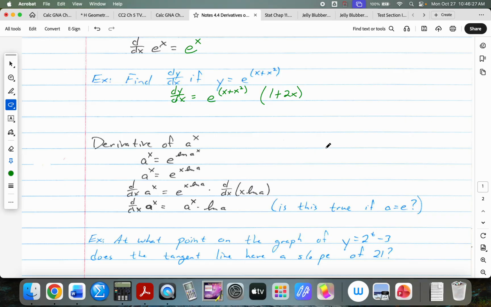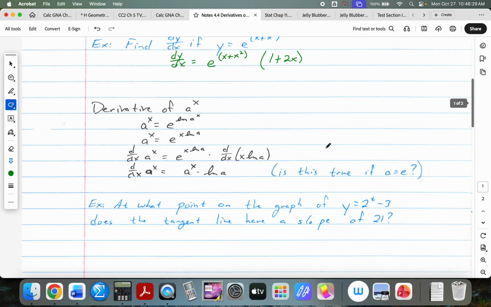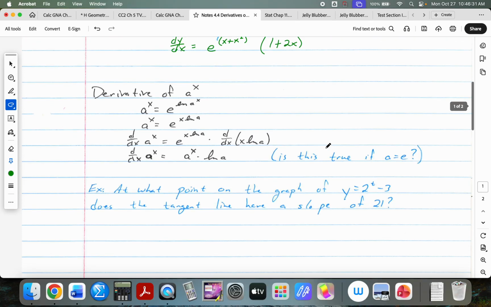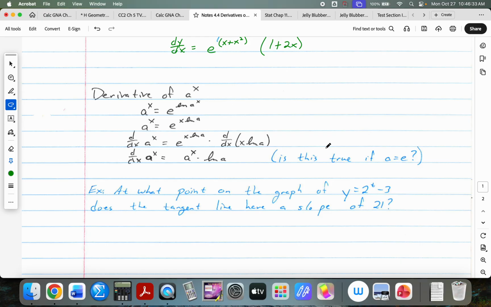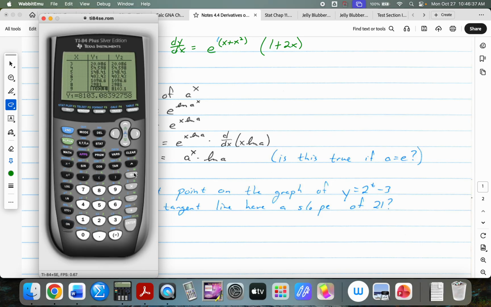The derivative of a to the x, where the base is not e, is a little bit more complicated. If we go back to the calculator, maybe they're the same. All right, well, let's go back to our y equals, and let's make this, say, 4 to the x instead of e to the x.